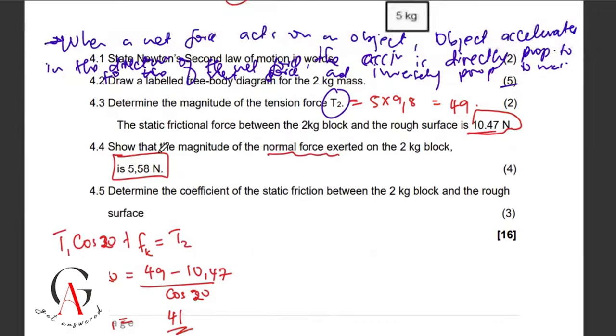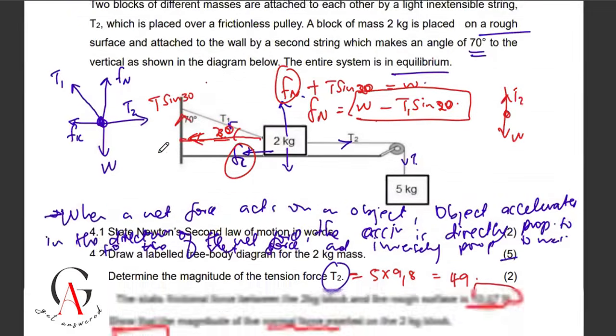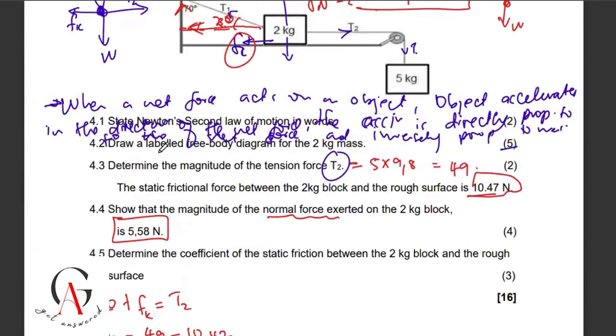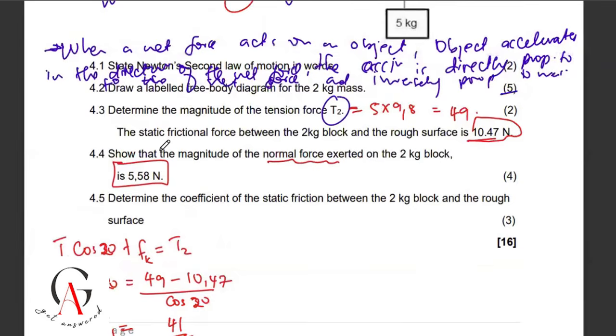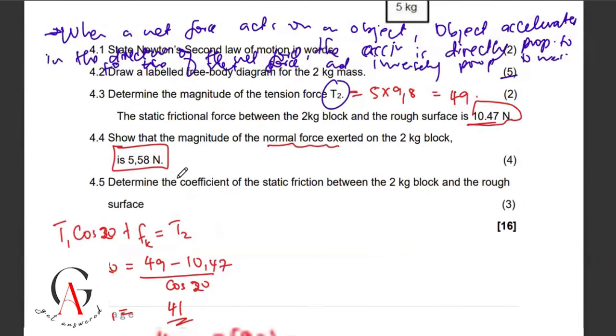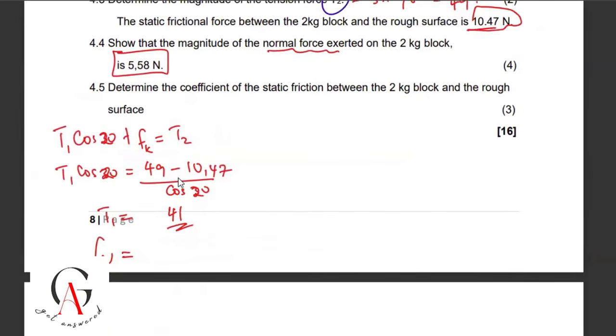Now, if the T1 is that, we're saying the weight. I'm just substituting that. It's going to be the weight, which is 2 multiplied by 9,8, minus 41 sine of 20.